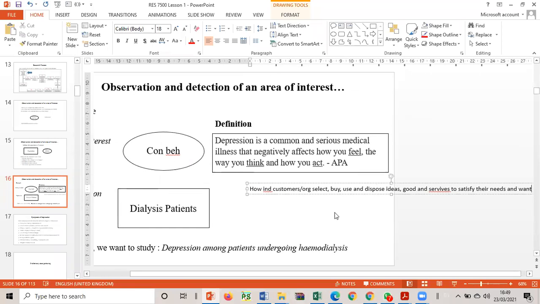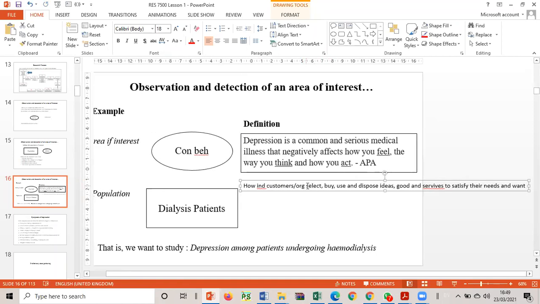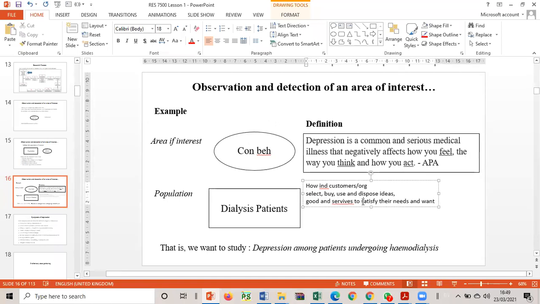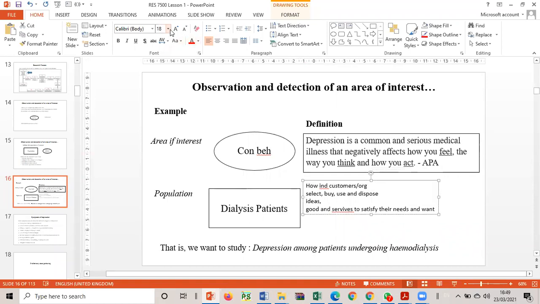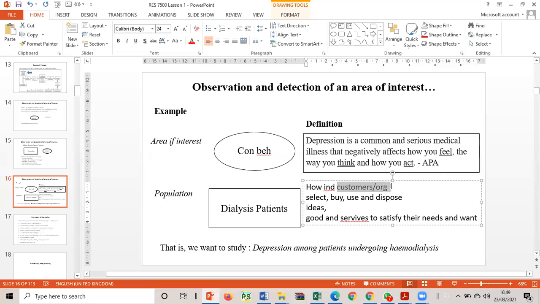Now, why are we doing this? We don't want you to give your own definition because it's very important. Okay, look at the keywords. It's actually looking for keywords. So what are keywords here? Customers, organization. So that is your entity. Sometimes I call it the population. Select, buy, use, and dispose.